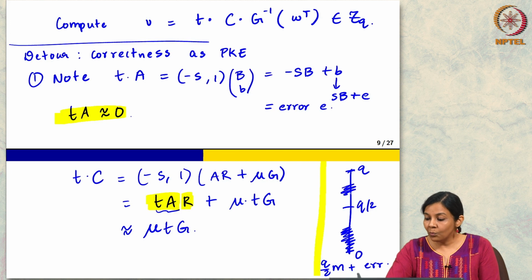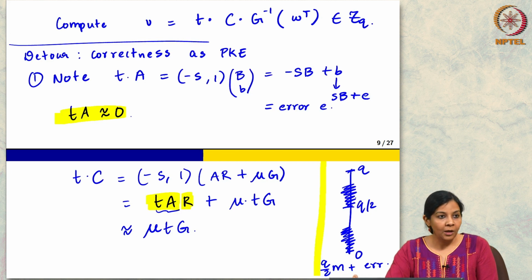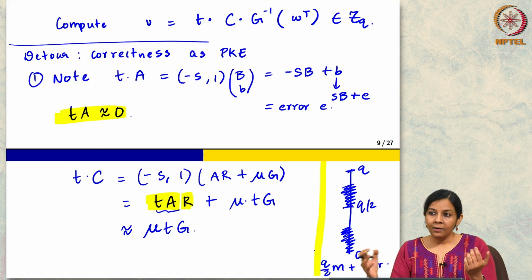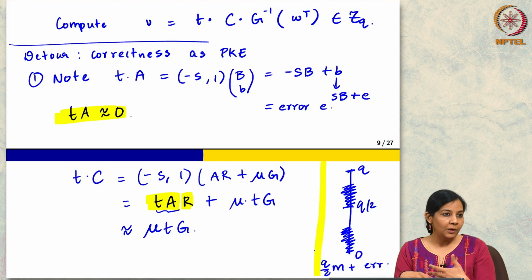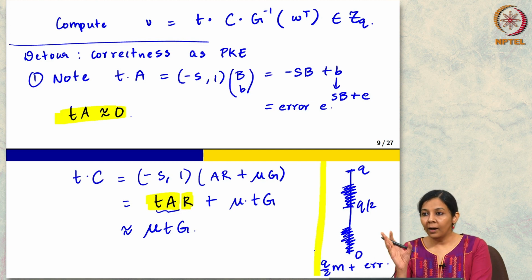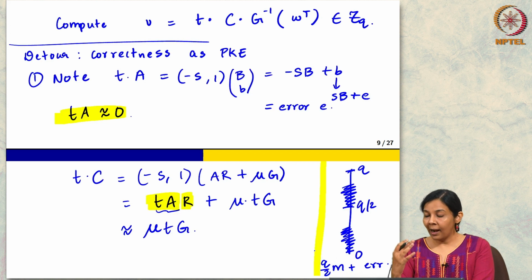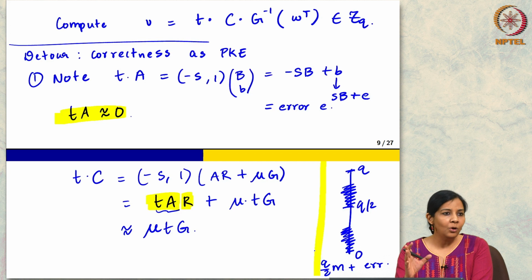When my message is 1, the output will be somewhere here. So, they are well separated, that is the point, right. If they are separated, then I can recover the message bit from this. Okay. So, therefore, what I am trying to get at is that as long as I have some bound on the error, I can hope to keep going.